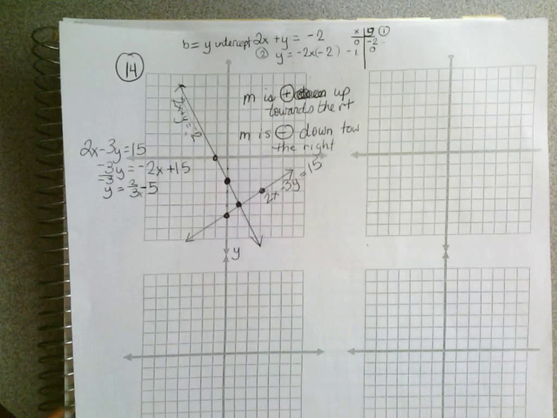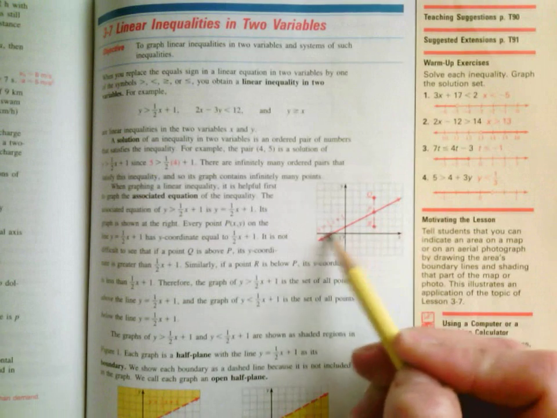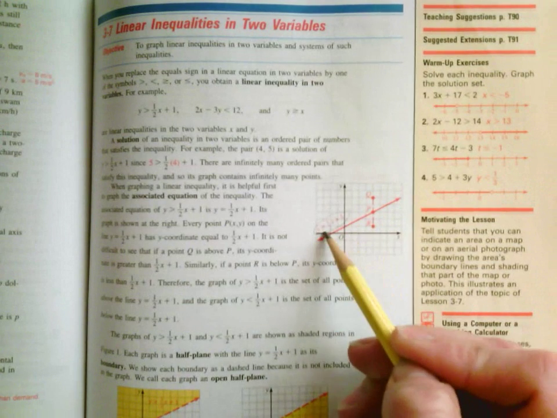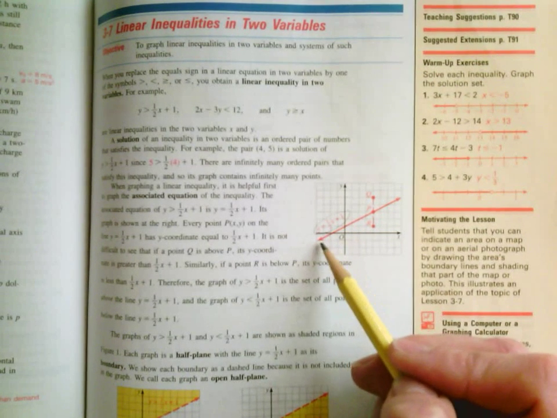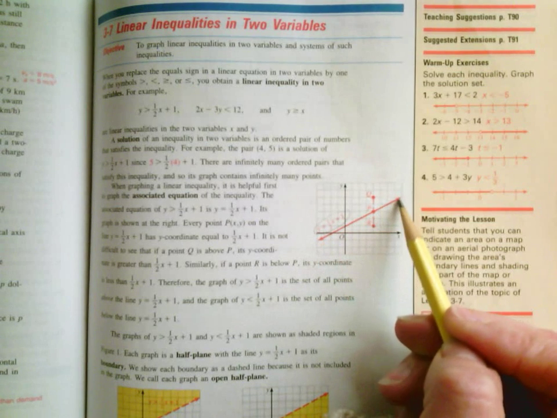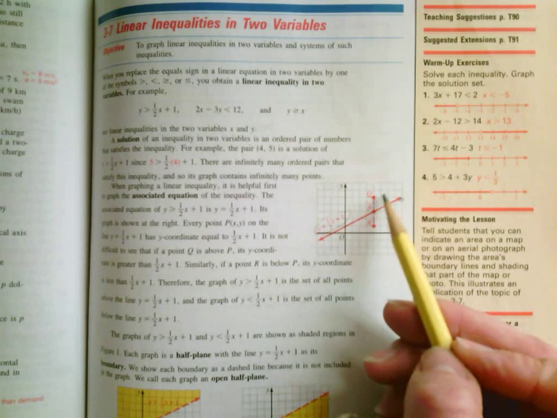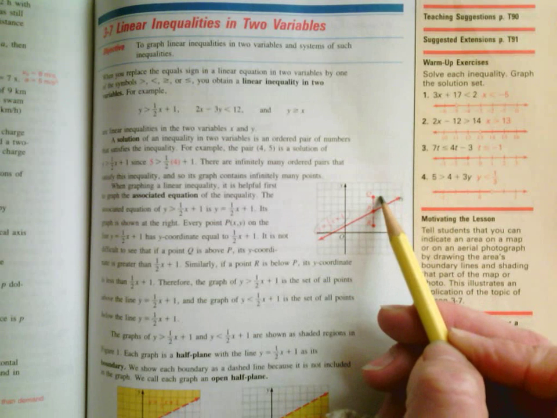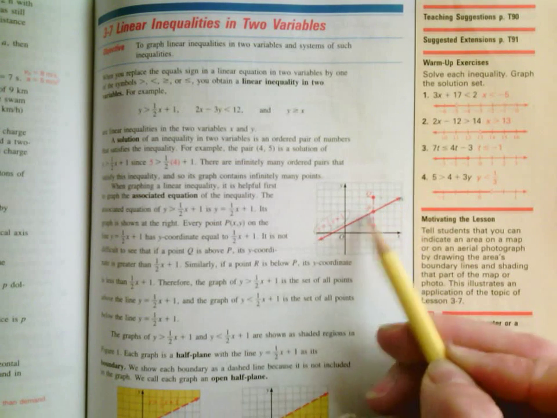What you're going to see today continues with that thought. And in the book, I just want to make a point of this. Here's an example of another graph of an equation. You guys have it, so I know it's not real clear. But this equation, y equals 1/2 x plus 1, is satisfied by the numbers that live on this line. Any points above it are larger than this equation.